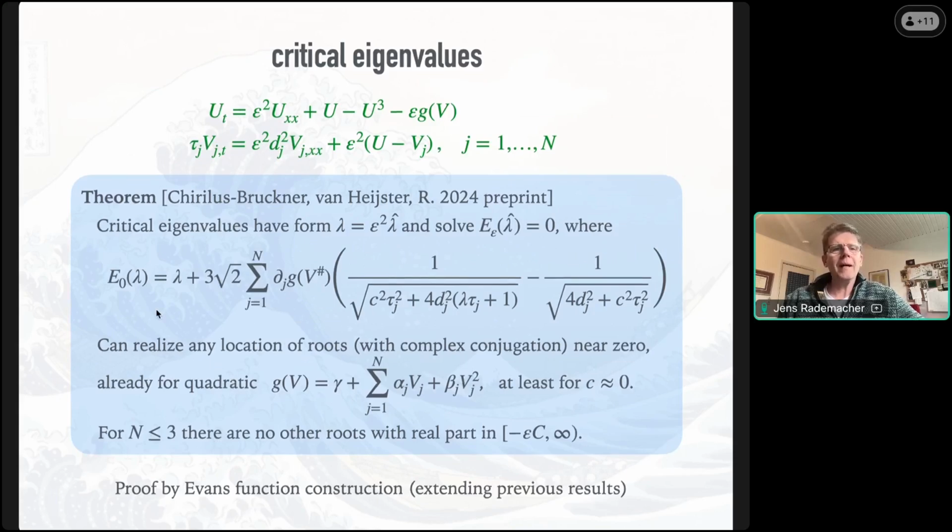So this function here might have other solutions that we don't really know about, unfortunately. But at least for n less than or equal to 3, we can say that there is a constant c, and sorry, here's an epsilon squared, this is 2 missing. We can say that in this critical region, there are no other eigenvalues. So that in particular rules out that there are other unstable eigenvalues.